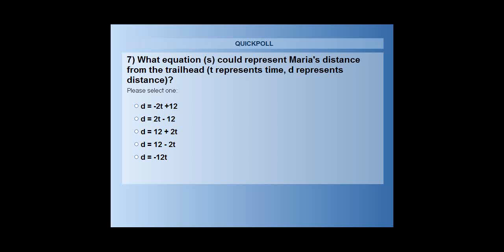And so Maria is 12 miles away at the lake, and she is going 2 miles per hour. What would be some equations? Thinking of your students, there may be more than one answer up there. Which one would be a possible solution for Maria?